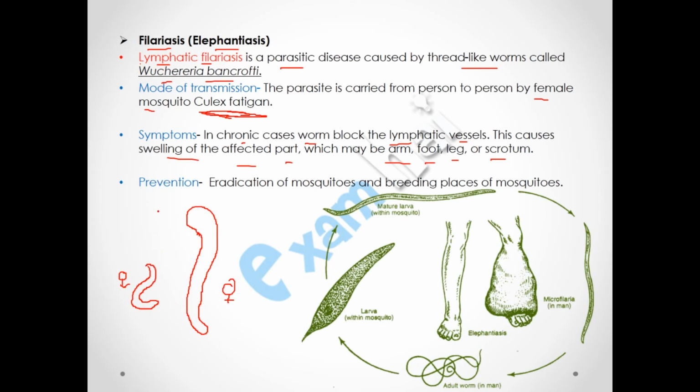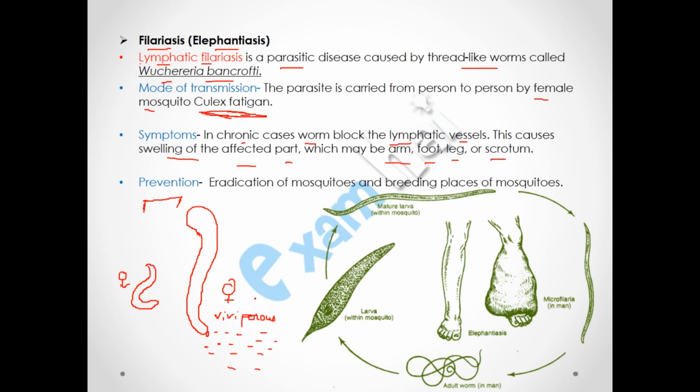And after the copulation takes place between the male and female worm, small worms are directly released inside the lymphatic vessel. So in this case, eggs are not released inside the body. The worms are directly released inside the lymphatic vessel because this worm is viviparous, it directly gives birth to worms.